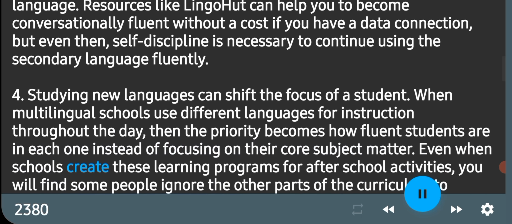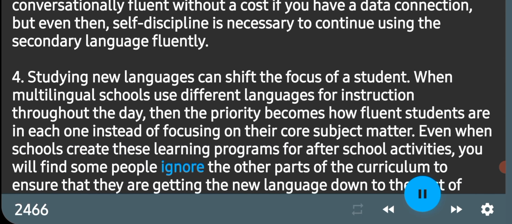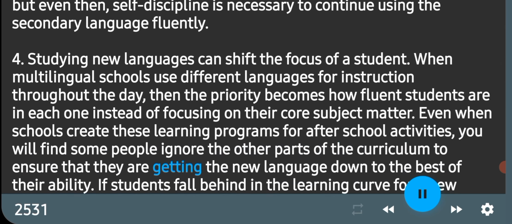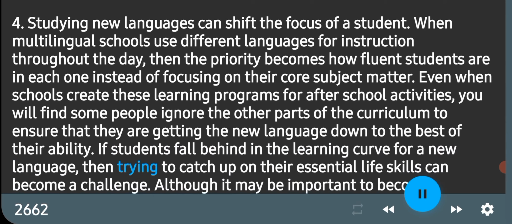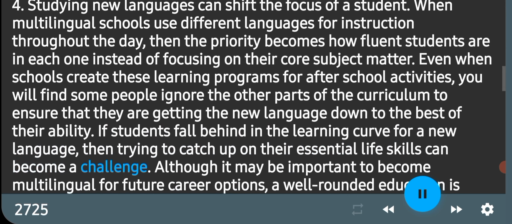Even when schools create these learning programs for after-school activities, you will find some people ignore the other parts of the curriculum to ensure that they are getting the new language down to the best of their ability. If students fall behind in the learning curve for a new language, then trying to catch up on their essential life skills can become a challenge.